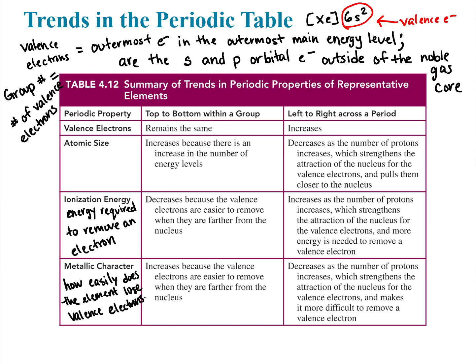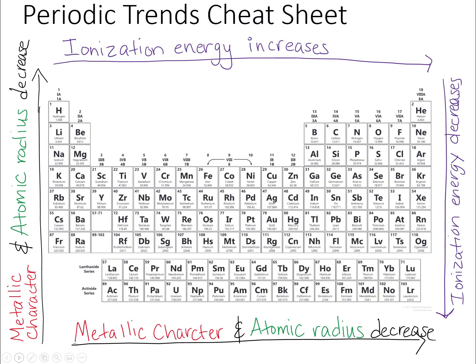I go into detail about these things in the video, so just make sure that you fill in the gaps that I'm not putting in here. What I did do for you is, instead of reading through all these, I made you a little cheat sheet. So if you want to print this out, or if you want to copy this down in your notebook later on, you can. But this summarizes the 3 trends that you need to know on the periodic table.